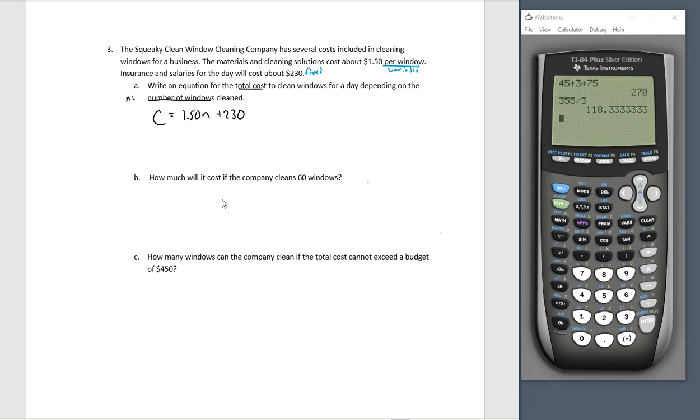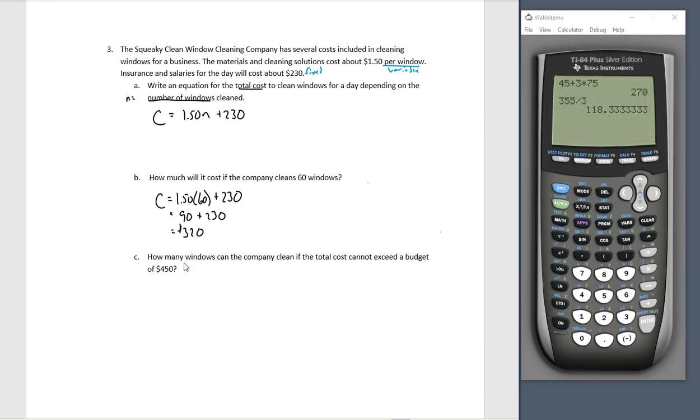If the company cleans 60 windows, $1.50 times 60 plus 230. Well, 1 times 60 is 60, and half of 60 is 30. So $1.50 times 60 is 90, plus 230 will give us a cost of $320.